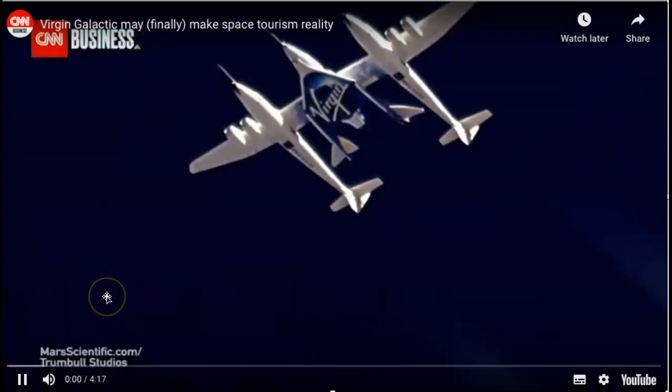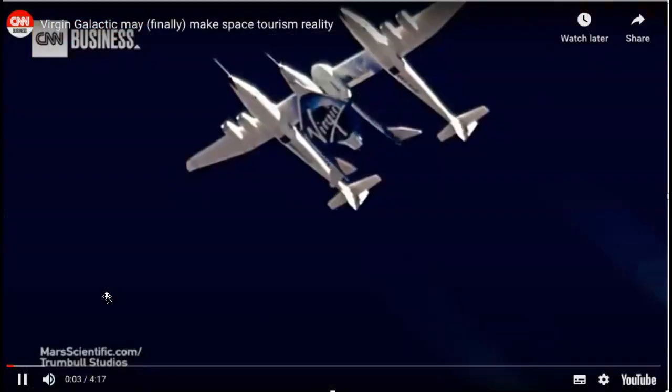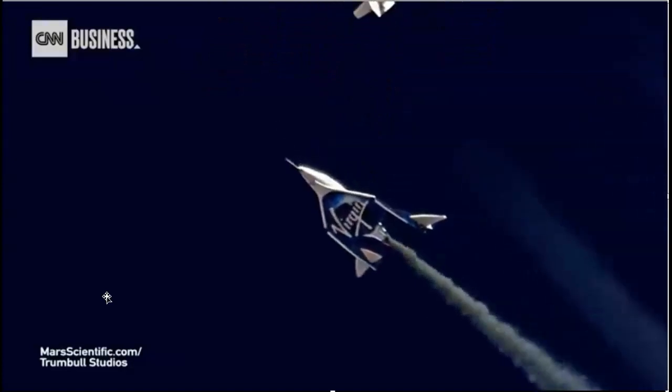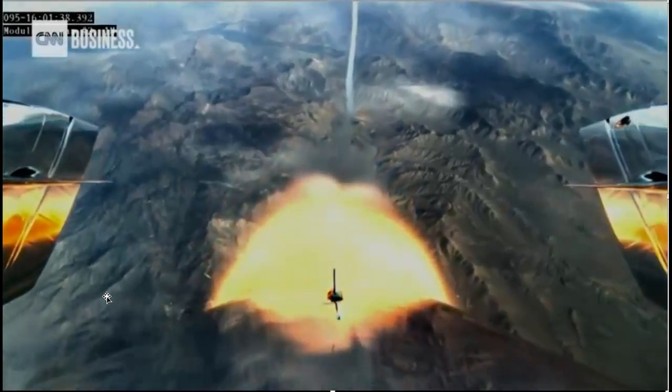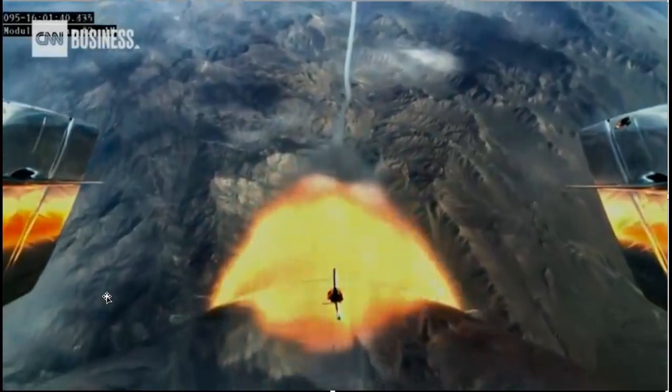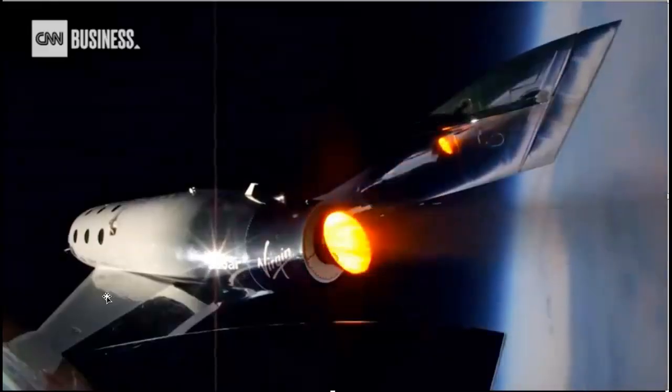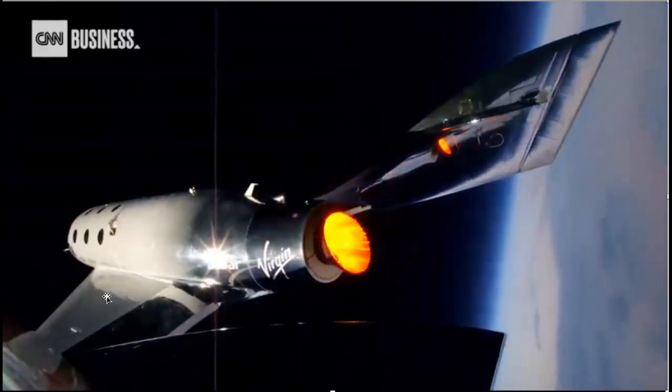3, 2, 1, release. It's like a catapult shot off an aircraft carrier, except it doesn't quit in a second and a half. It can go 3 times the speed of sound. We do it going straight up and accelerating the whole time until the rocket motor cuts off. Amazing view.